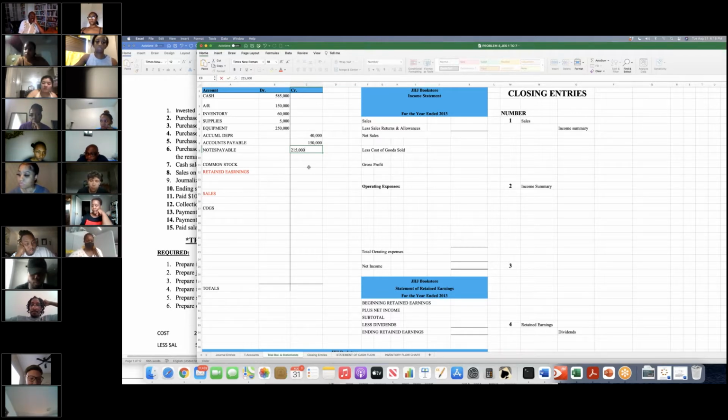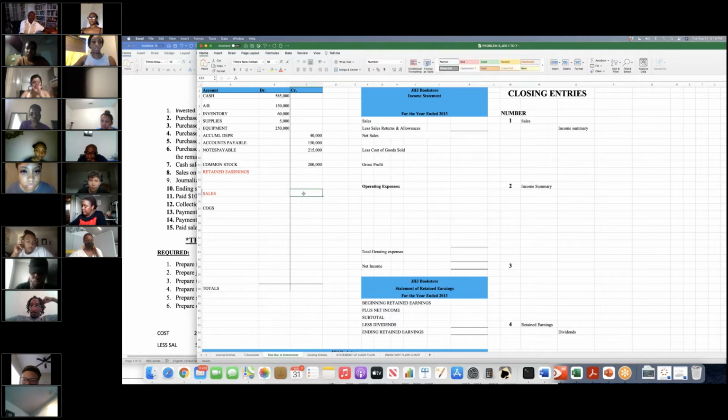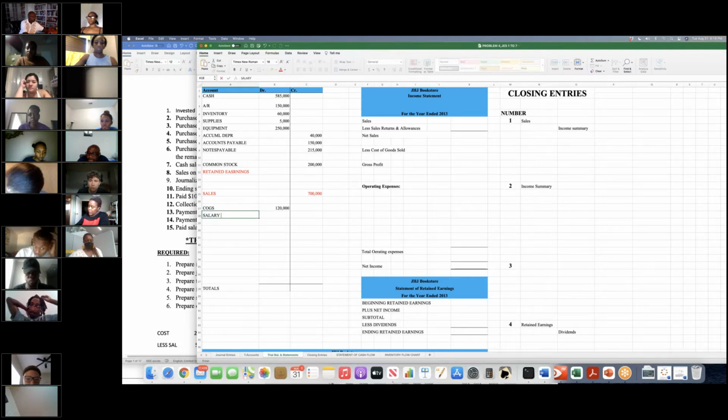How much common stock? 200,000. Sales, 700,000. Cost of goods sold, 120,000. Then we have salary expense. How much is that? 50,000.